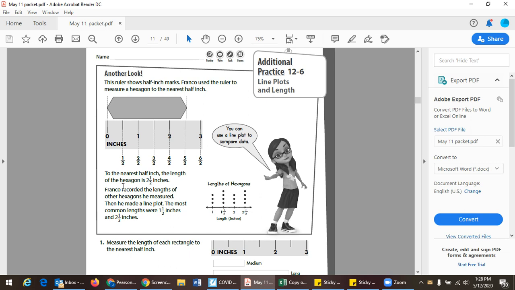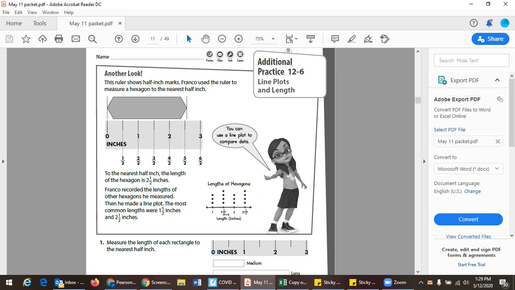It says Franco recorded the lengths of other hexagons he measured. Then he made a line plot. The most common lengths were 1.5 inches and 2.5 inches. If I look at my data, I should be able to see that Franco has 1, 2, 3, 4, 5, 6, 7, 8, 9, 10, 11, 12, 13, 14 total hexagons, and which have the most?